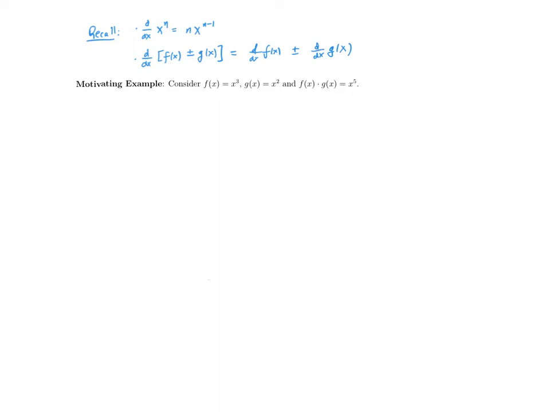So for example, we have f of x equals x cubed, g of x equals x squared, and remember, by properties of exponents, when you multiply those together, you would get x to the fifth. So let's just note to the side, x to the a times x to the b is x to the a plus b. And it never hurts to remind ourselves of some of those algebraic properties.